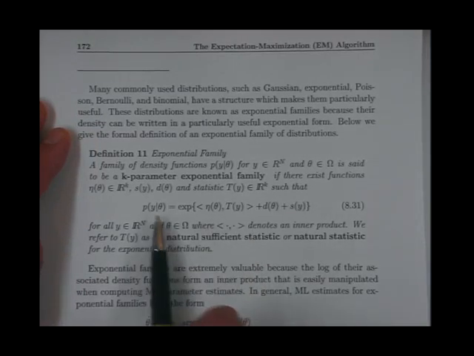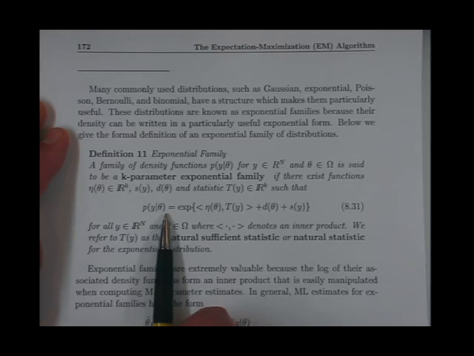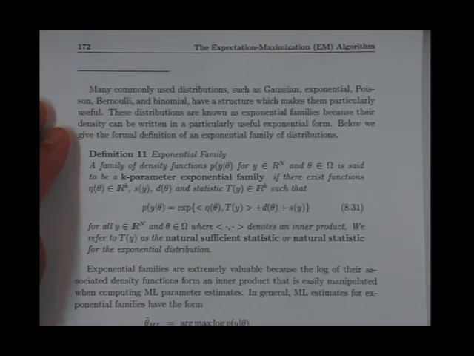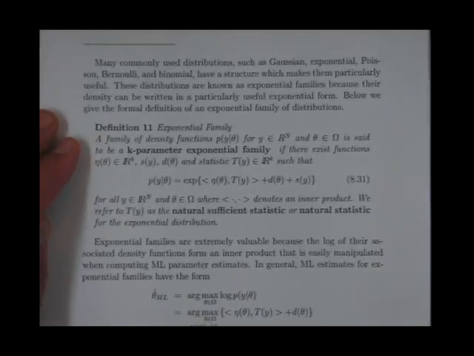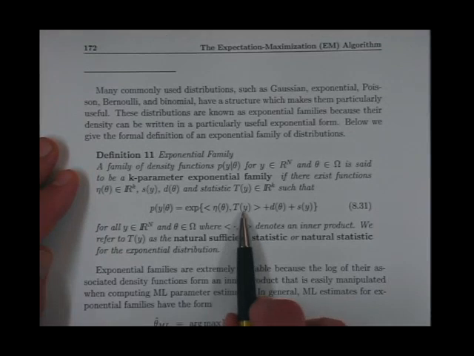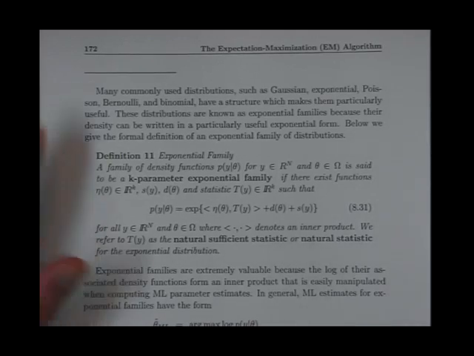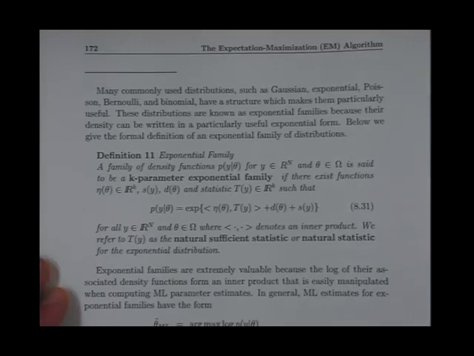So what this means is that the log of the probability distribution of an exponential family is a linear function of the sufficient statistic, plus a bunch of other terms. Now, if that's the case, this is not just a sufficient statistic, but it's what's called a natural sufficient statistic, or a natural statistic for the exponential distribution. Almost every distribution you use is an exponential distribution. That's why, in fact, for things like the Bernoulli distribution, which aren't obviously in that form, we often rewrite them in that form. So we're going to go through that.